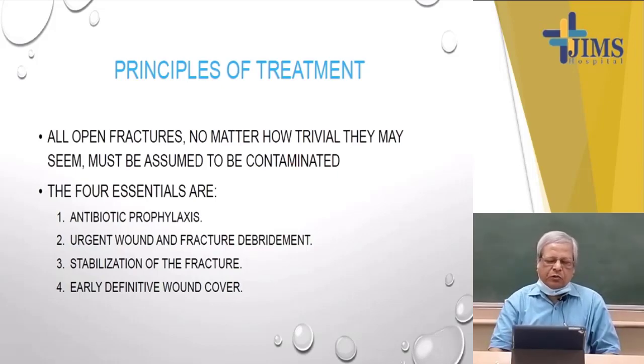All dead tissues are to be removed. Then it has to be irrigated. They say you need 10 liters of saline to wash the open injuries, 3C at least. That reduces the bacterial load.